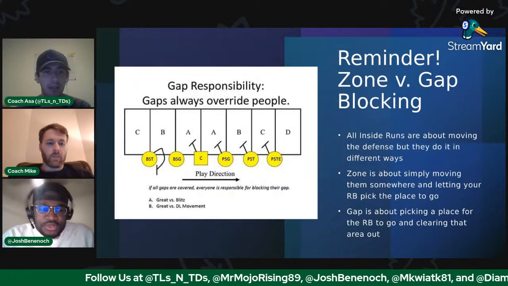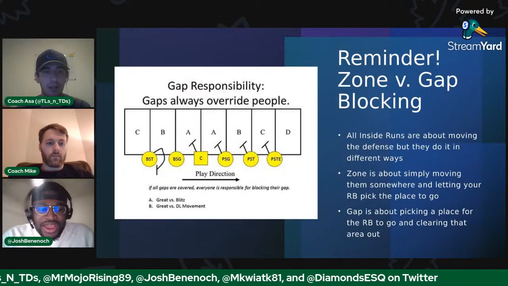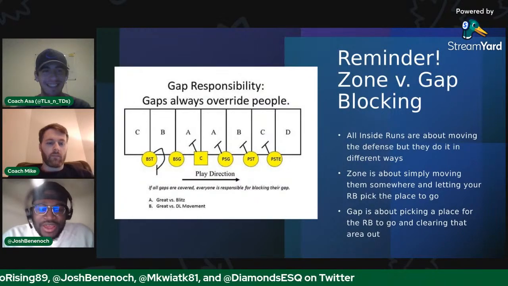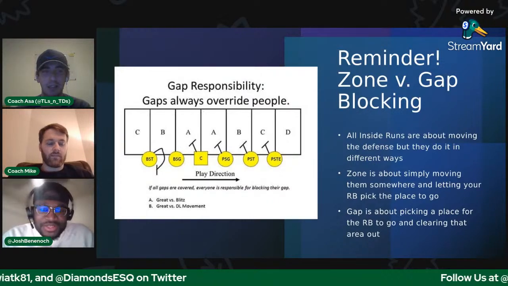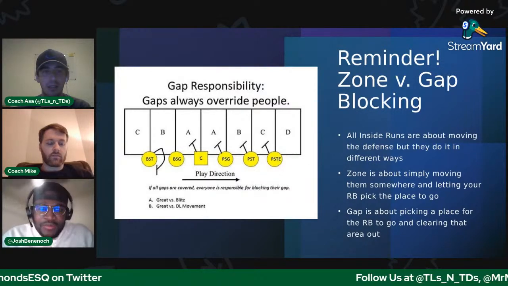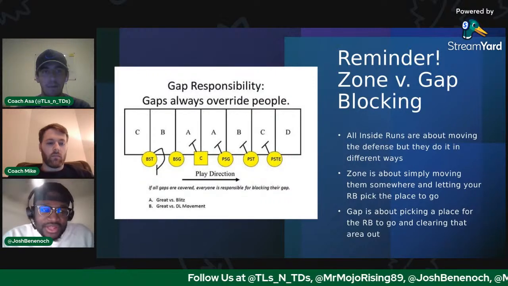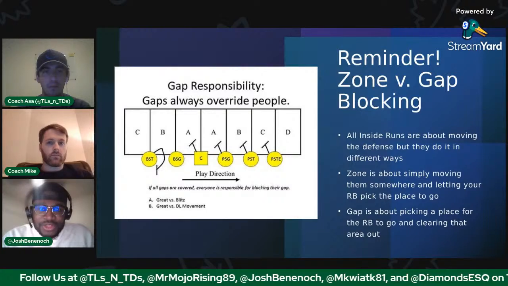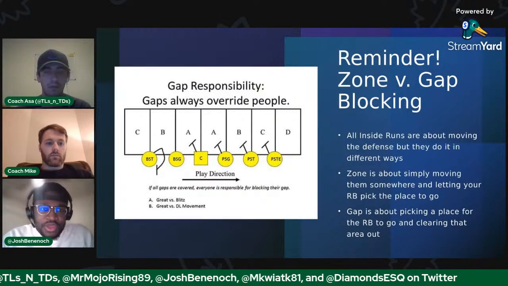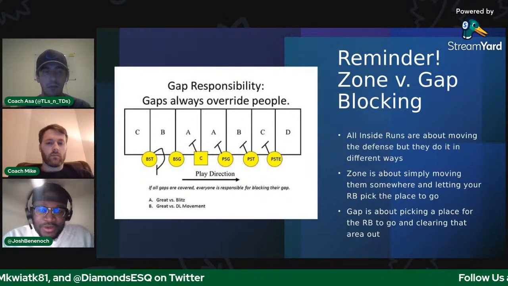Usually on zone blocks, as a corner, I didn't really see a whole lot of zone blocks, but I'll tell you from a safety perspective because I played a little bit of safety as well, whenever I was lined up down in the linebacker space or in the box, in zone blocks, defensively you always have every gap has to be covered in a defense.